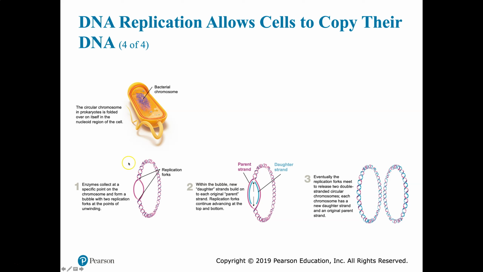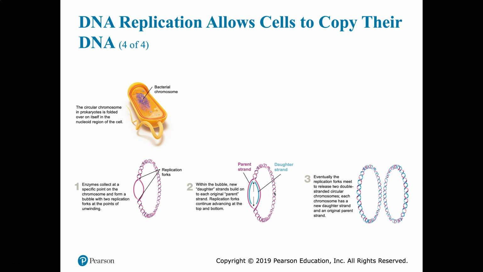Replication is taking place in this spot right here, going this way, going up. And then there's one down at the bottom of this bubble, and it's going down. They continue to go around and around, and eventually the fork on the top meets the replication fork at the bottom on the other side of the strand.